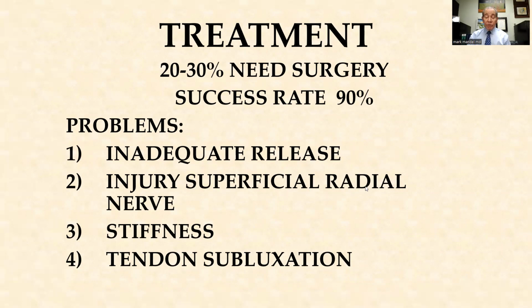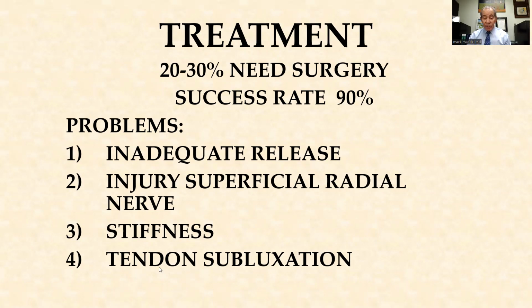The most common problem is injury to the superficial radial nerve, which is a small nerve that is right adjacent to the tendon. And if that is caught in scar tissue or damaged, it causes fairly significant pain, like, oh, I can't stand to have my shirt sleeve rub against my arm.